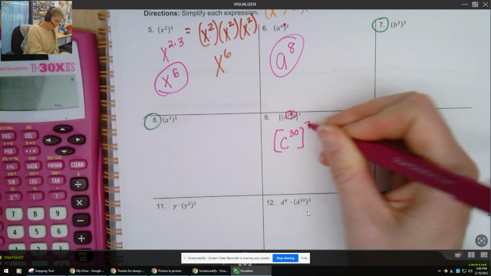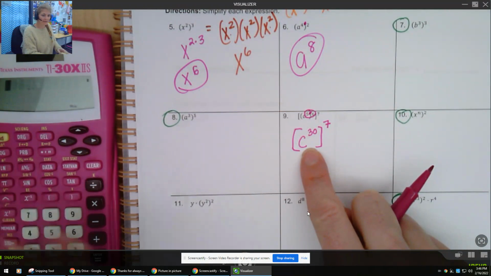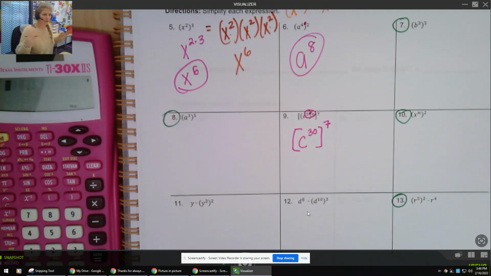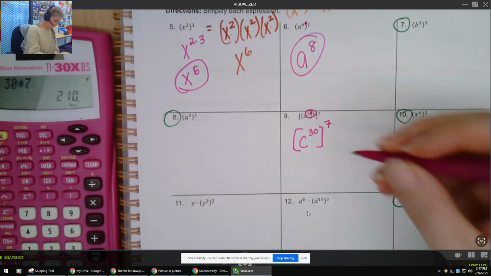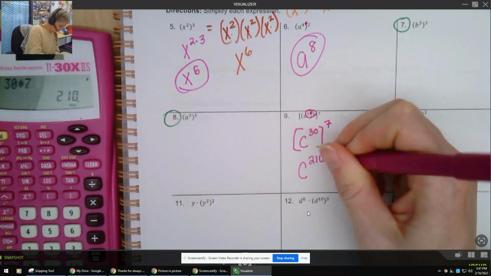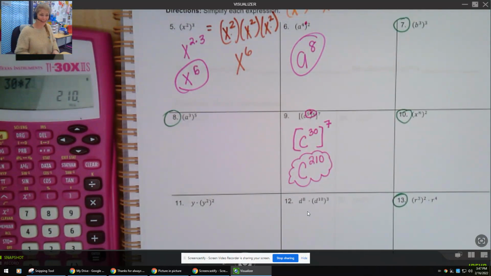And that's being raised to the 7th power. So you'd have 30 factors of c, c times c times c times c 30 times, and I'd have to multiply that 7 times, right? So 30 times 7 gets you 210. So that's c to the 210th power. Wow, I'm so happy I don't have to expand that out. I'm so happy for this rule.